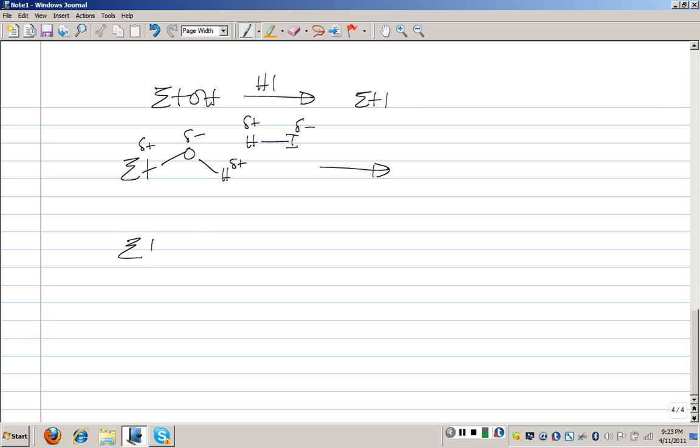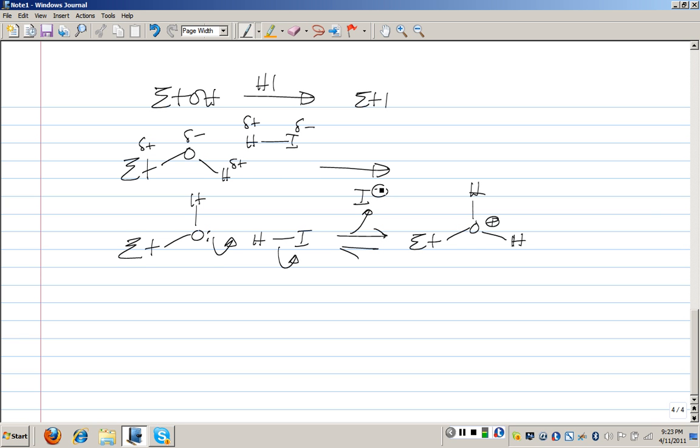So I'm comfortable with the ethanol acting as a base, attacking HI, and giving rise to my product, at least for the first step, which is the oxonium ion. And I'll make I minus. I'll put the I minus here.